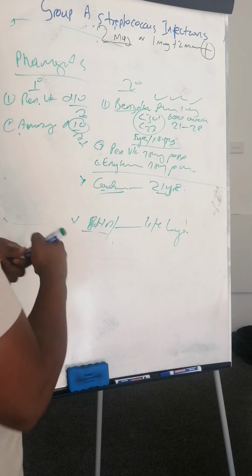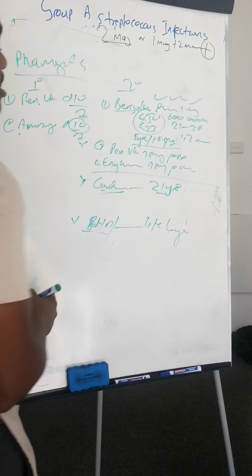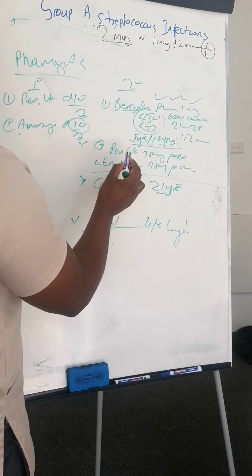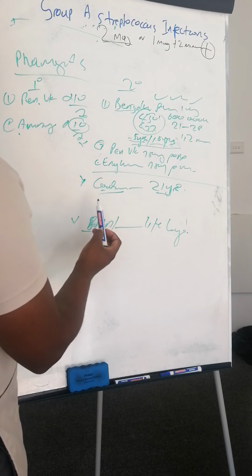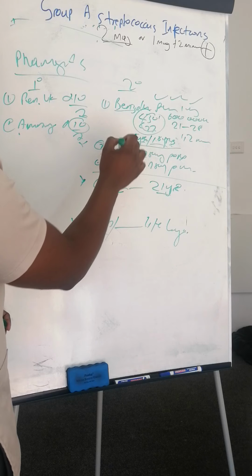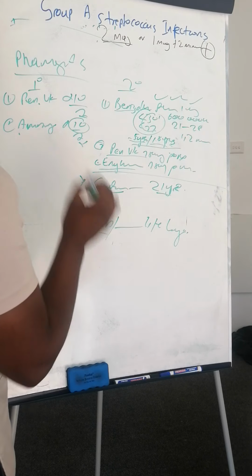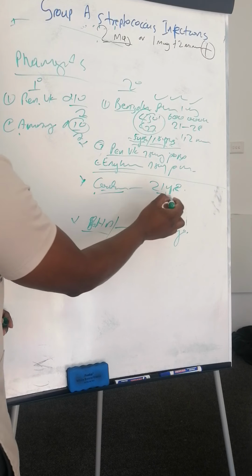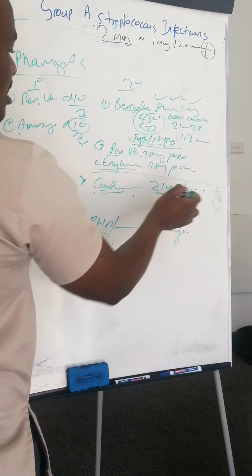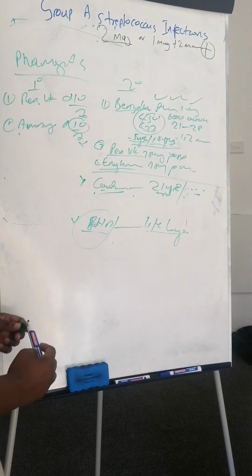If they are more than these kgs, they get 1.2 million units for up to 18 years, or for 5 years. Alternatively, PenVK. Another alternative to PenVK is erythromycin. That's if there's no carditis. But if there's proven carditis, it's up to 21 years. I'm forgetting another one, because there's another one there. But if they've done surgery, it's lifelong.